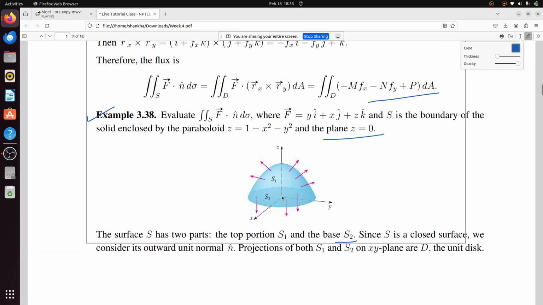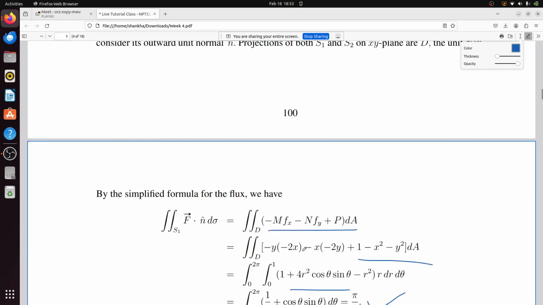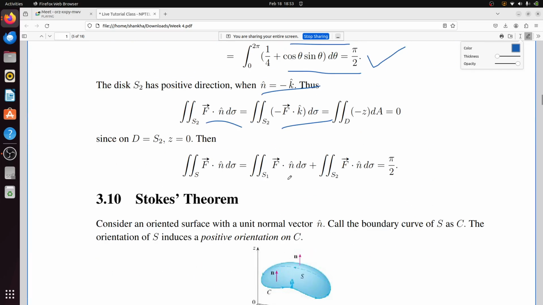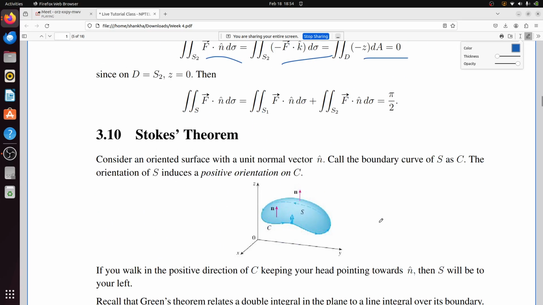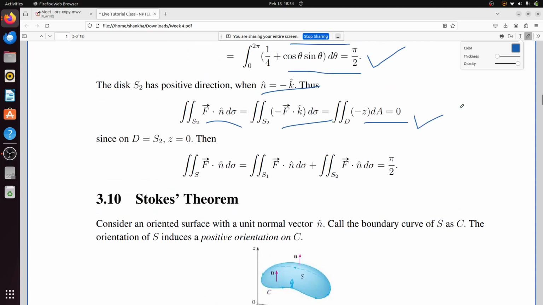So outward drawn will be in this direction, and this direction is minus k cap. So this will give you only minus z dA. Now on this plane S2, z is actually 0. So you will get this to be 0.